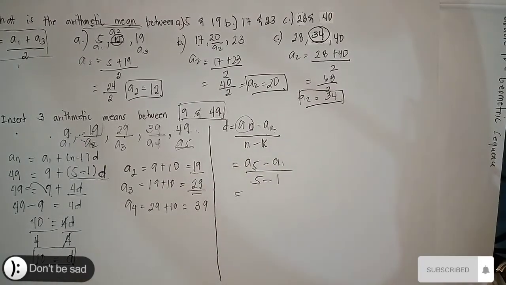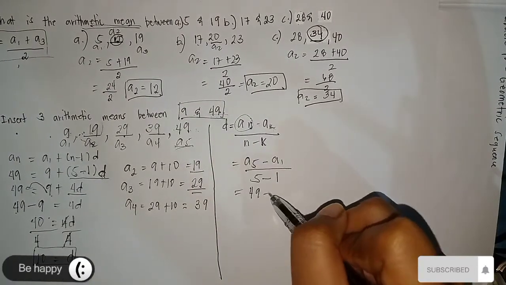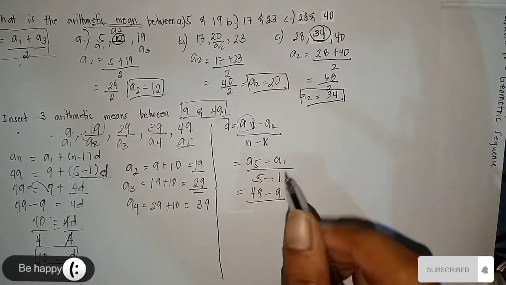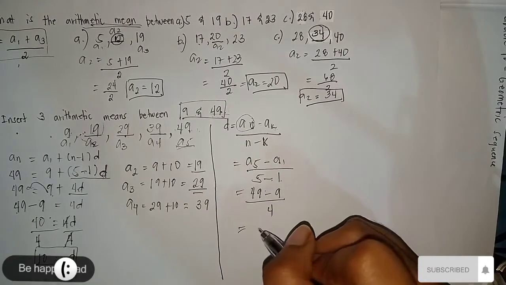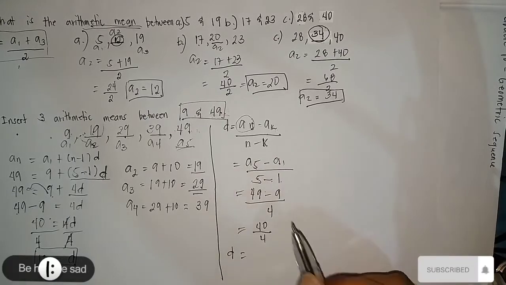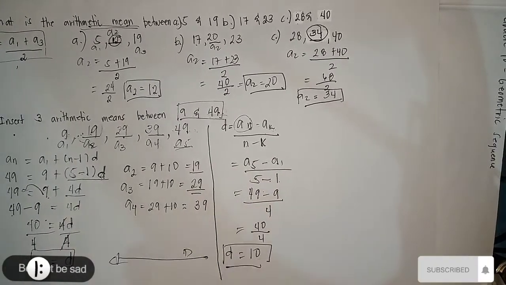And then, just substitute the values. Our a sub 5 is 49, minus a sub 1 is 9, over 5 minus 1 is 4. 49 minus 9 is 40 over 4. Therefore, our common difference is 10. Are they the same? Yes, they are.